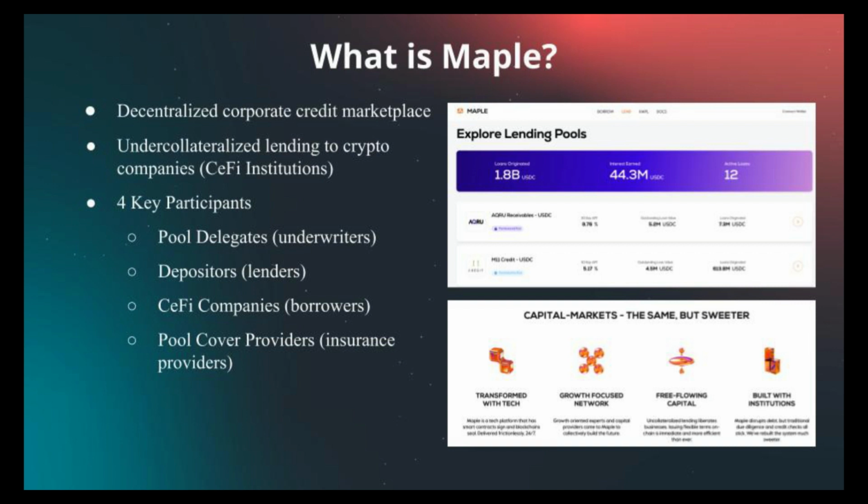Yeah, I think one point of criticism that people have with platforms like this is that they're still very centralized, right? All of the lending is still facilitated through underwriters, so there's still a pretty high point of centralization. But the key point here is that it's very difficult to do under-collateralized lending in DeFi otherwise.